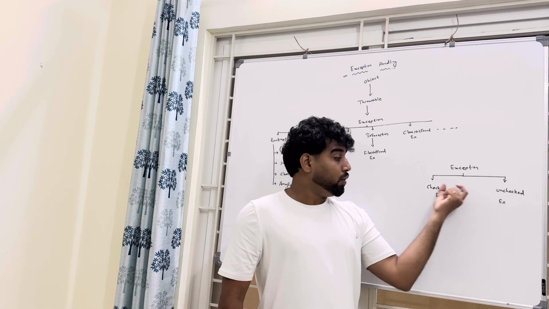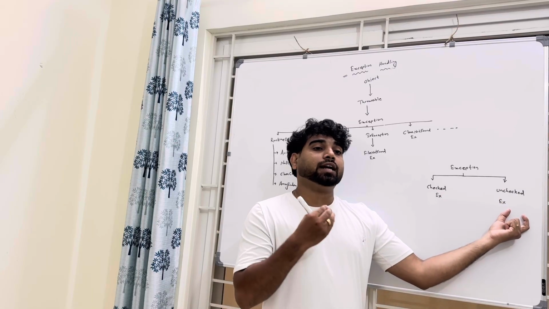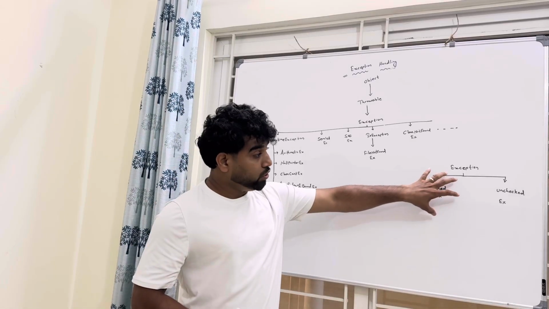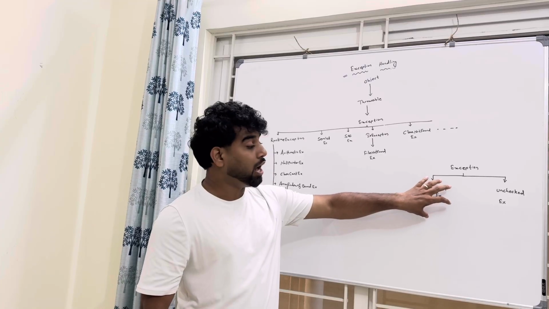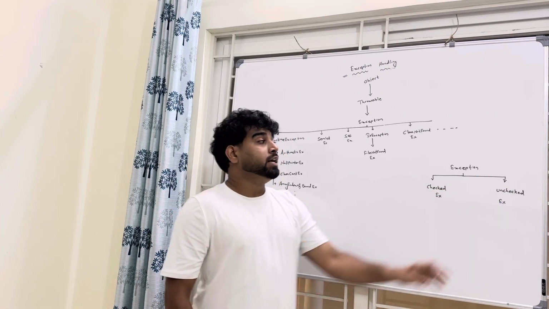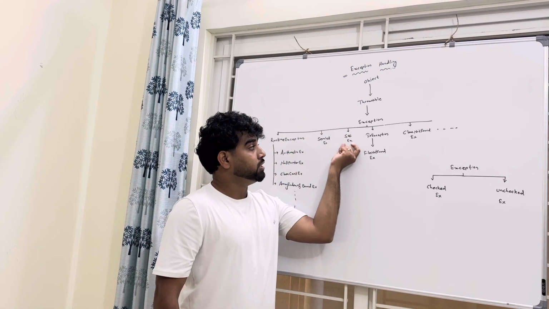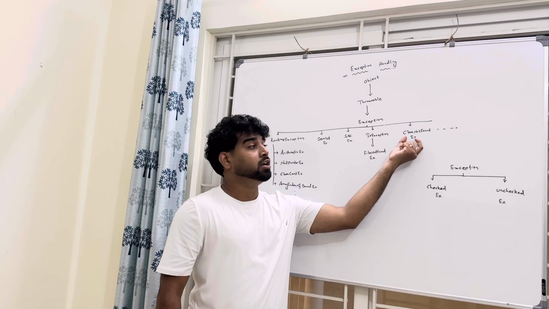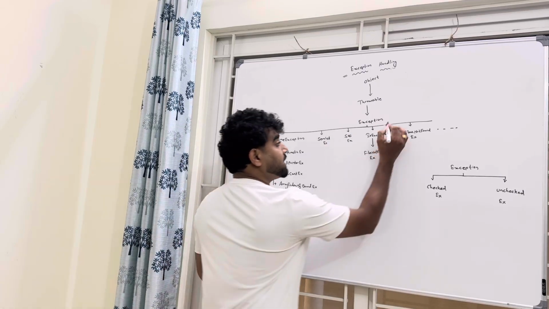What do you mean by checked exception? What do you mean by unchecked exception? Let's try to understand, it's a very important concept. There are two types: checked exception and unchecked exception. Now, if you see here, ServletException, SQLException, IOException, FileNotFoundException, ClassNotFoundException are child classes of the Exception class itself.